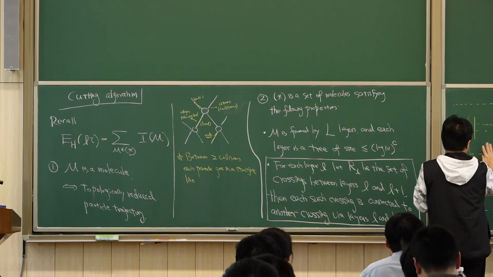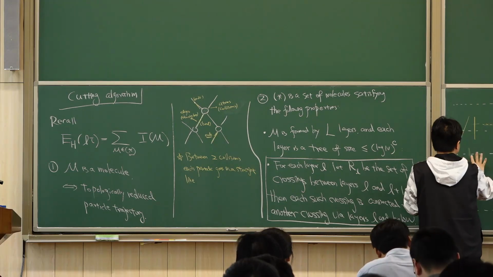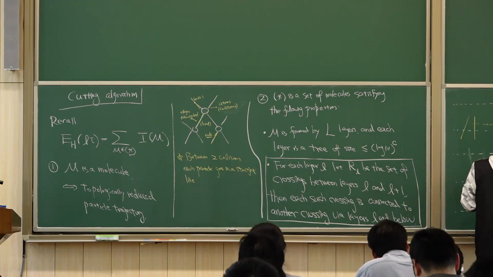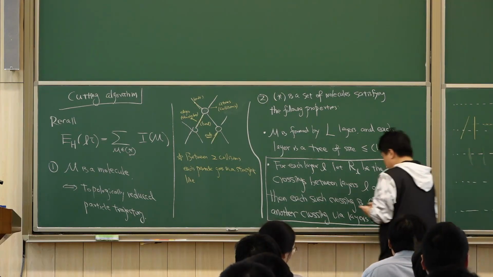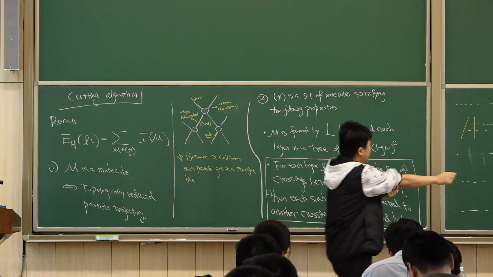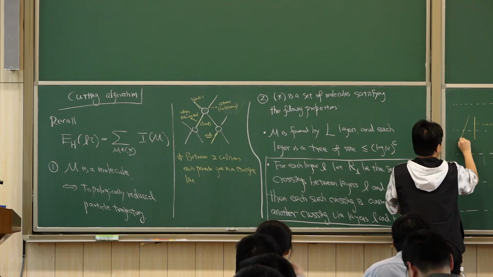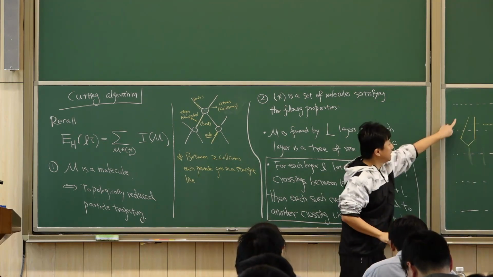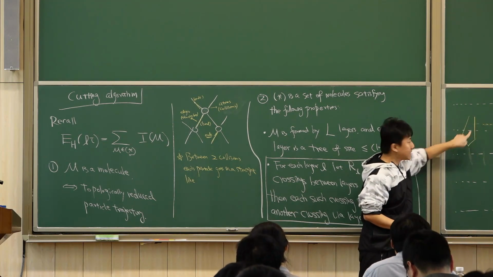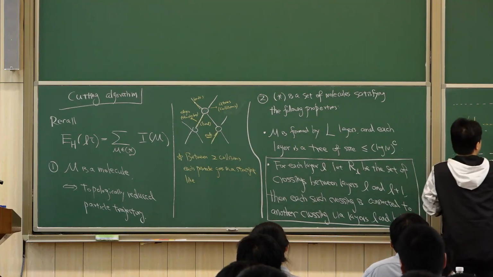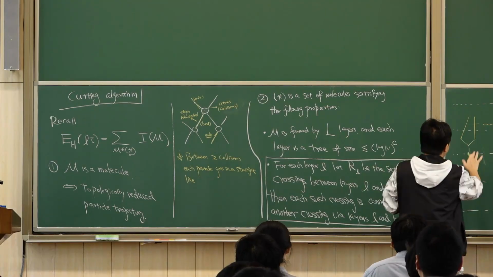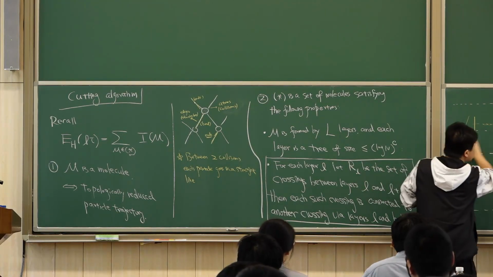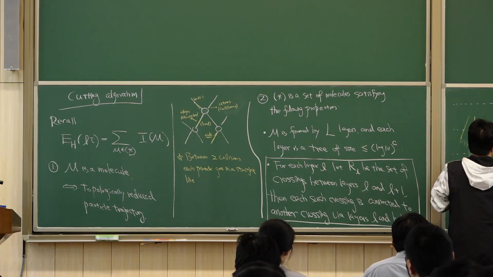Let's ignore this for now, but it could be possible that this is directly connected to this. In this case, these two crossings are connected, and it may be directly connected here. That's also possible. But it's also possible that they are not connected in layer 3.